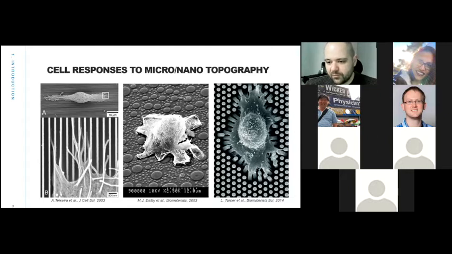If we have pliable surfaces made of nano pillars, cells can actually bend them to their will. So cells actually pull on surfaces, and this is a good example of how cells can deform the materials around them through traction forces.